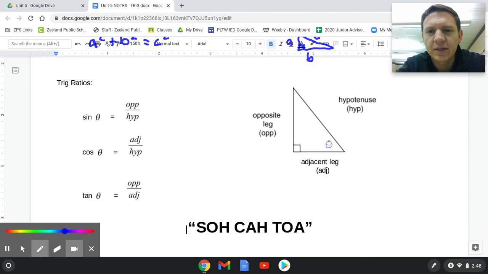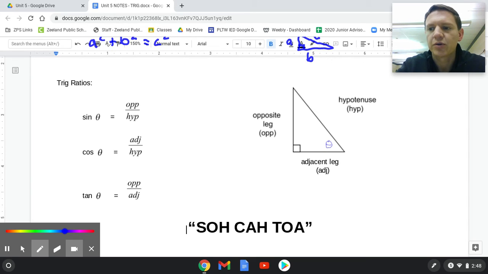Sine, cosine, tangent, and theta. So sine is just sine of theta. If you were to punch that into the calculator and you had an angle measure theta, because theta is just an angle, that is equal to a ratio of the triangle sides.